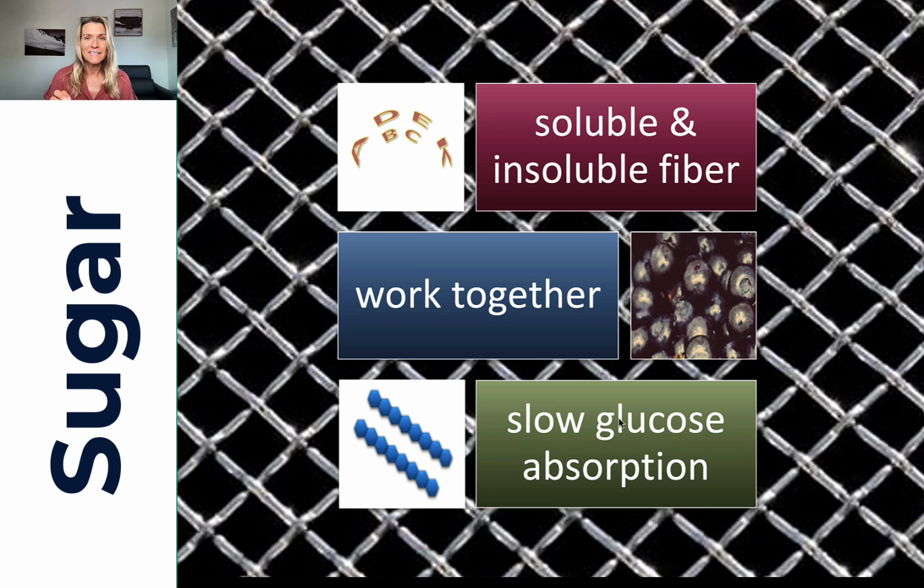Remember that our disaccharides, or it even could be starch, are digested down to monosaccharides, those single sugars, before they get absorbed. So here's an example. These glucose chains get broken down and then they get absorbed. Now, if they have this lattice that they have to go through, it's going to be hard to get through all those cracks, right?